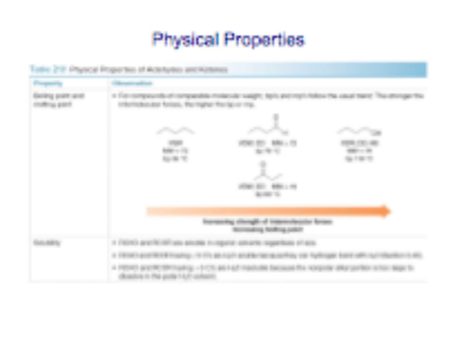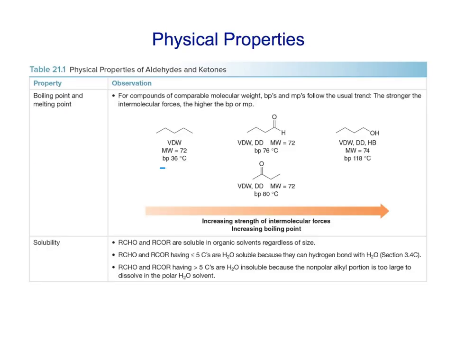Physical properties. I just took this one straight out of the book. If we compare boiling points and melting points to some of the functional groups that we already know, we know that alkanes have very low melting points and boiling points, because they have very weak intermolecular forces. All they can really have is van der Waals interactions, which are just these transient dipoles.